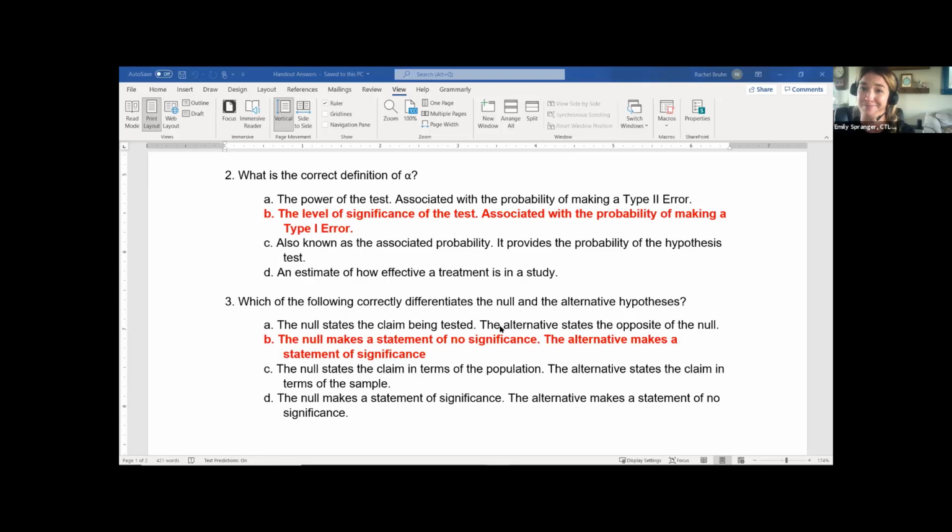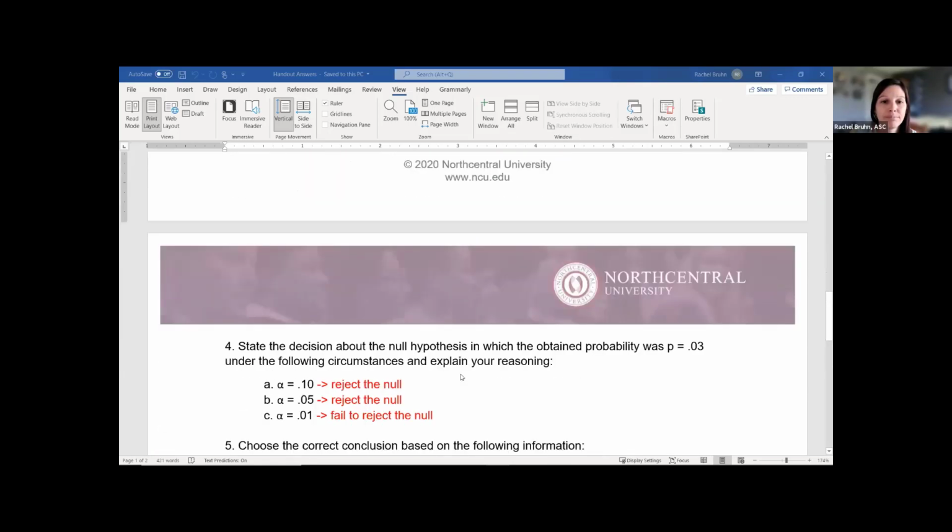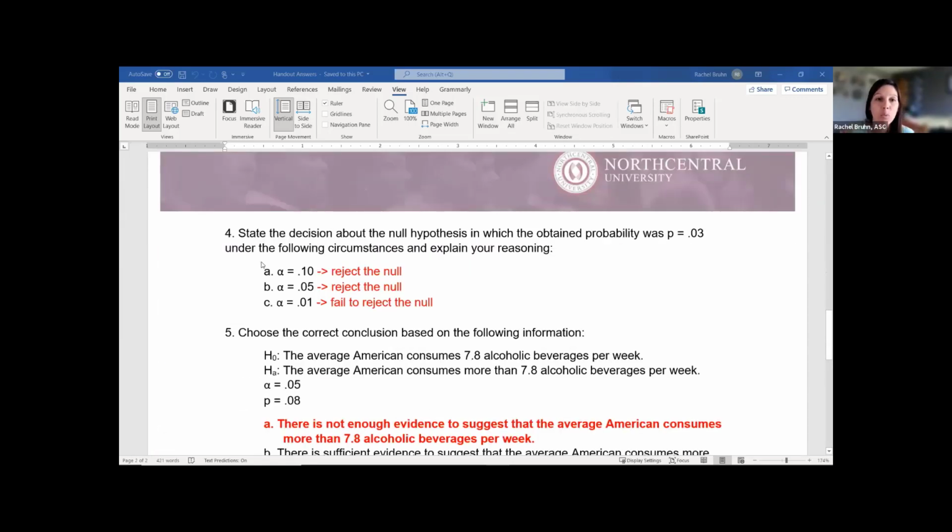And then if time permits, can you explain how you arrived at the answer for number 4? Okay. So when we're talking about the decision about the null hypothesis, our associated probability, that p-value, was 0.03. What this means is the probability of obtaining the test statistic value that I did if the null hypothesis was true.